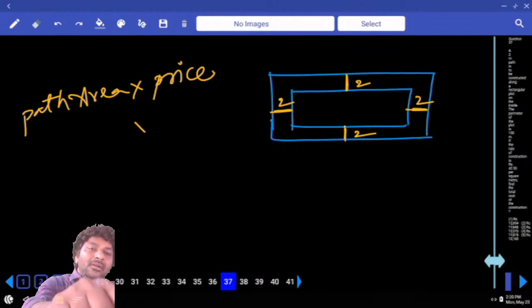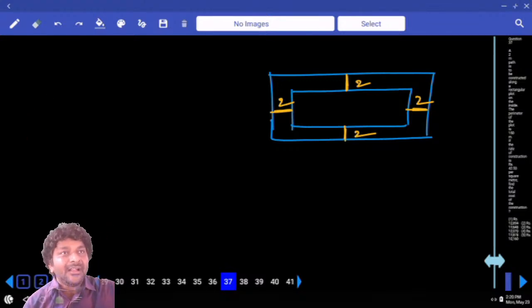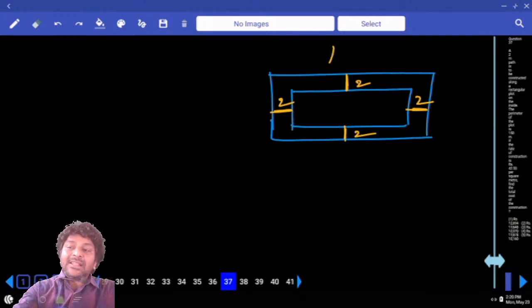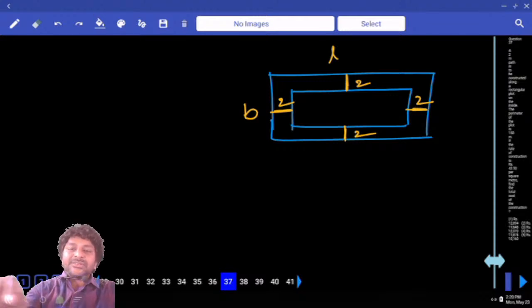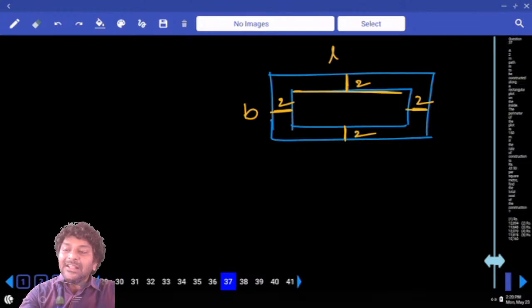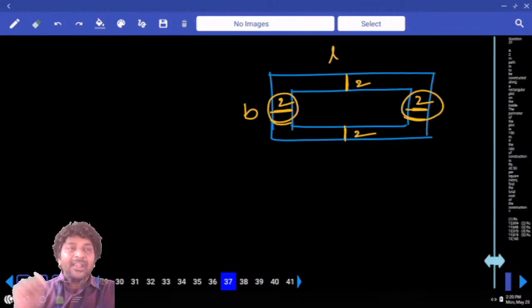Now path area is the outer rectangle area minus the inner rectangle area. If you know the length and breadth of either the inner rectangle or the outer rectangle, we can easily calculate the other one. For the outer rectangle, if the length is L, then for the inner rectangle length we have to subtract 2 here and 2 here.